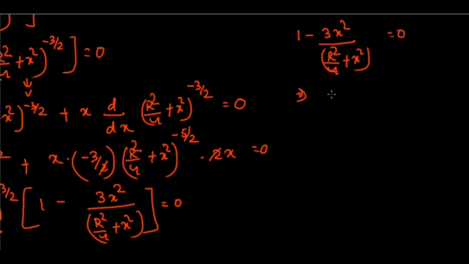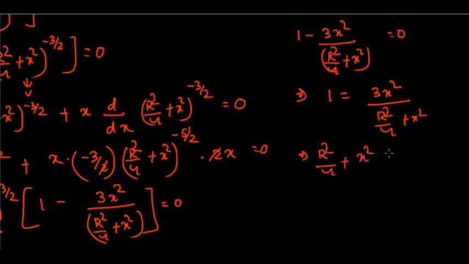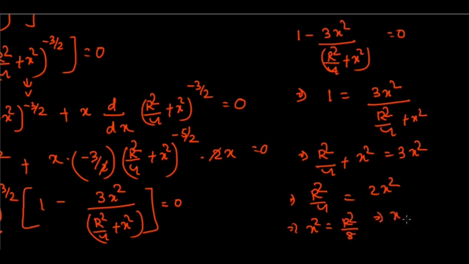That implies 1 equals 3x² divided by (r²/4 + x²). That implies r²/4 + x² is equal to 3x². That implies r²/4 equals 2x². That implies x² equals r²/8. That implies x equals r by square root of 8, or 2 root 2.